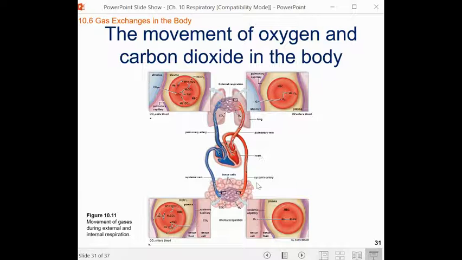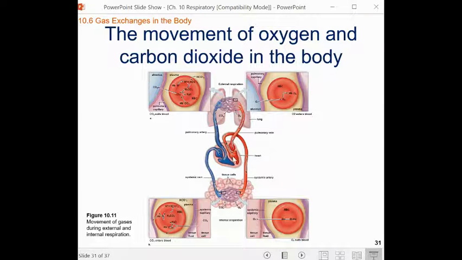In a moment, we'll talk about what happens at the body tissues, but we can see that exactly the opposite happens. There's a high concentration of oxygen in the red blood cells, so it will move into the capillaries in the beds of tissue, and the tissue tends to have a higher level of carbon dioxide from cell respiration, so that carbon dioxide will move from the tissues into the bloodstream.